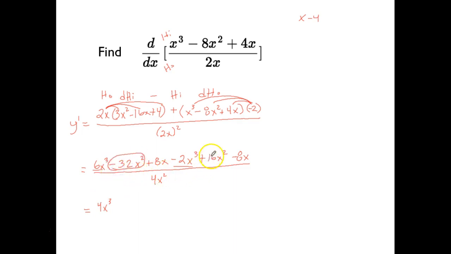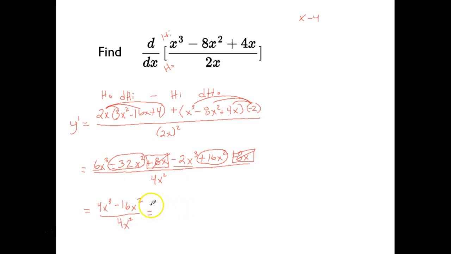You got a negative 32 and a positive 16. That gives us minus 16x squared. Okay, now we got a plus 8x and a minus 8x. So those cancel each other out. All divided by 4x squared.